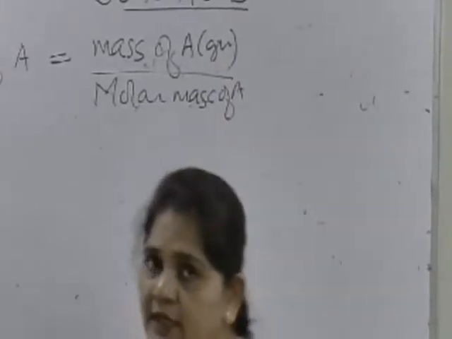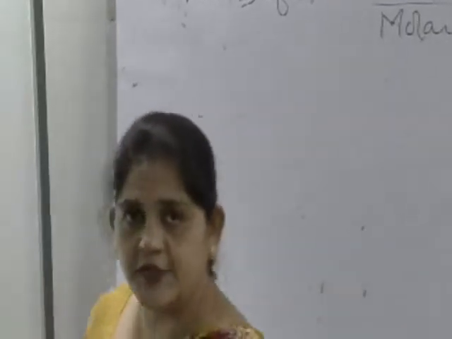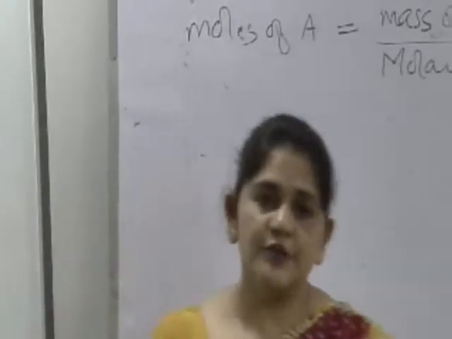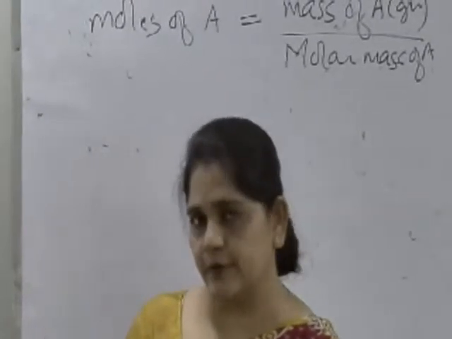Let's keep this in mind: whenever you are dealing with moles and you know the mass of one of the components and you know the molar mass, you can calculate the number of moles.